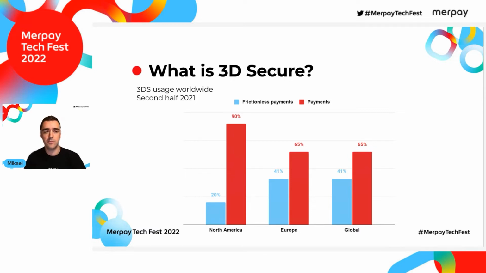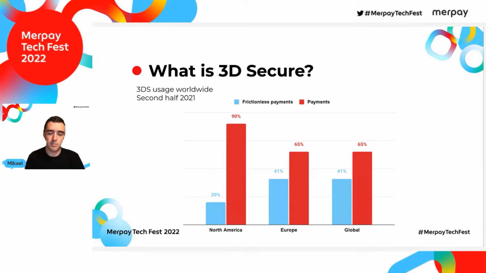So just some numbers worldwide. How many people are paying using 3DS, and how many frictionless payments are actually occurring, roughly in the world. You can see, in North America, 90% of all card payments are going through 3DS. In Europe, 65%, and globally in the world, also 65%.